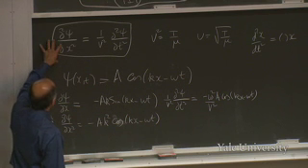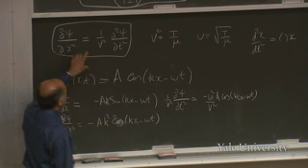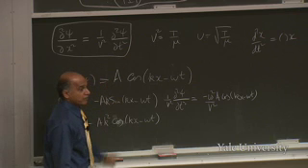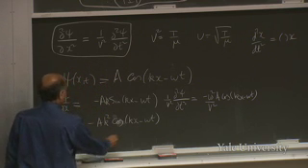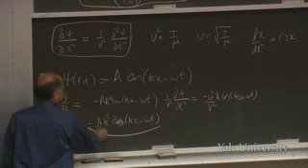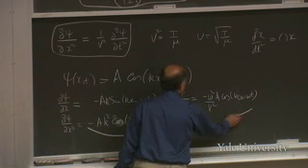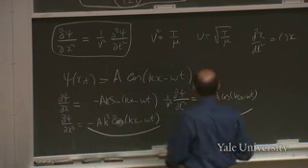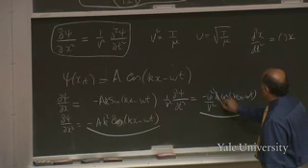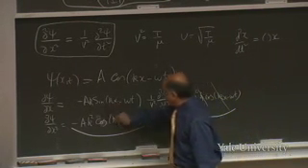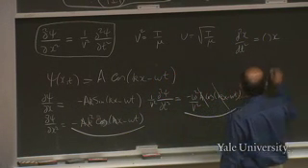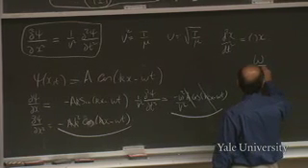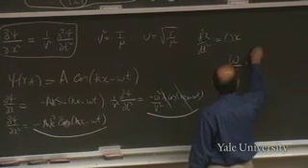It says the second derivative in x should be 1 over v squared times the second derivative in time. And for my solution, that's the second derivative in x, that's the second derivative in time. I want them to match. Well, they're almost there. A matches A, cos matches the cos. But omega and k are not independent numbers. Omega over v should be equal to k.